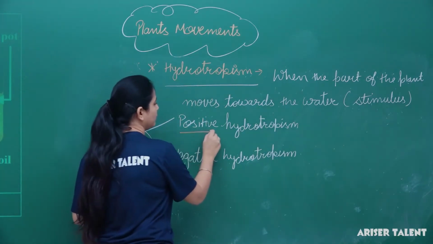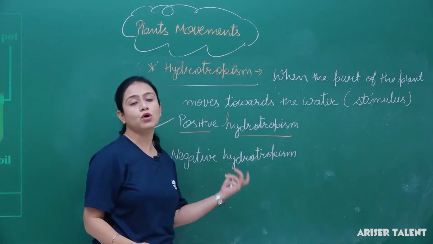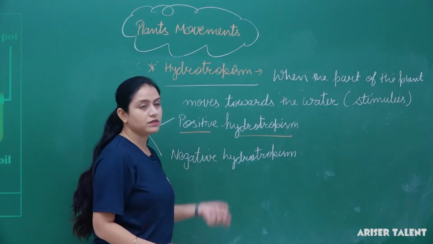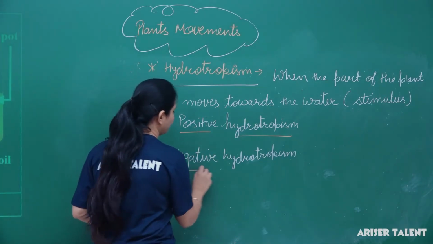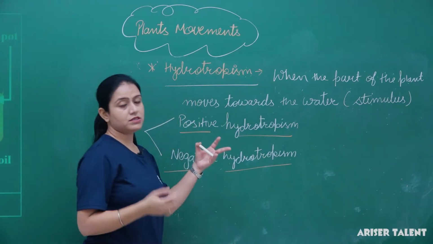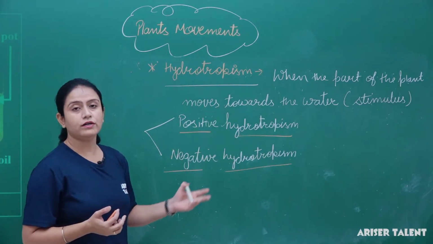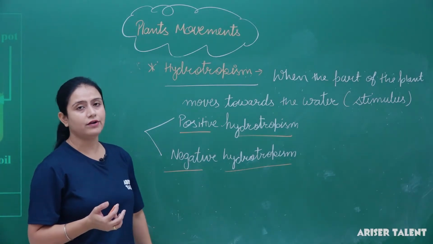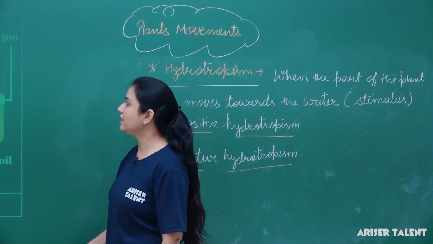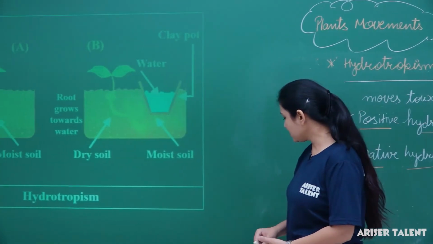When the part of the plant moves towards the water, it is known as positive hydrotropism, and when the part of the plant moves away, growing in the opposite direction of that stimulus, that is negative hydrotropism.